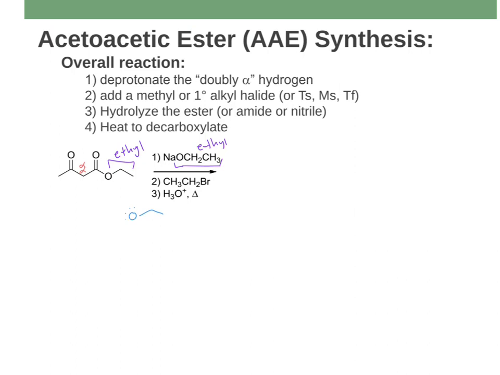So I'm just going to redraw that over here. Here's my OEt. The idea is that I've got hydrogens here. We're going to pluck off one hydrogen, and we're going to form that enolate.